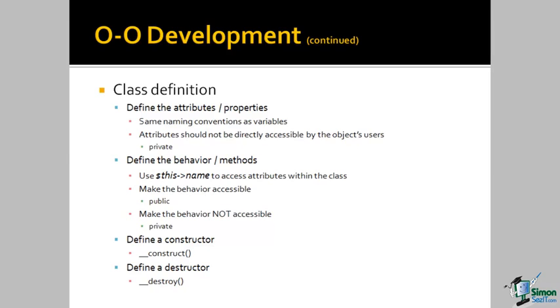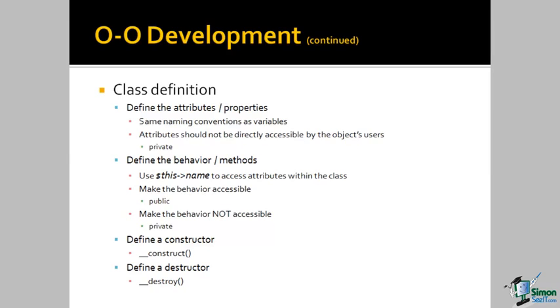A construct function is 2 underscores, the word construct, and parentheses. The code block that follows the construct function defines how the object will be instantiated. What state will the data be put in when the object is created?